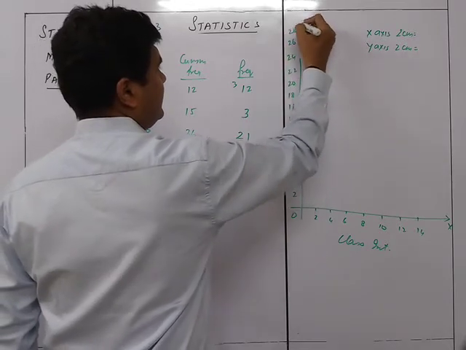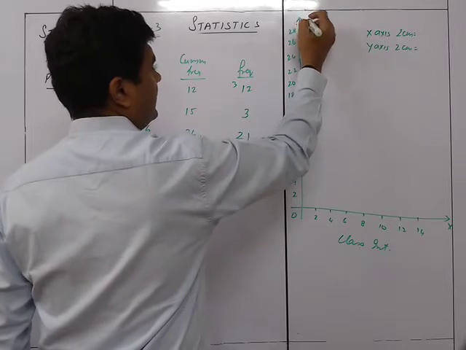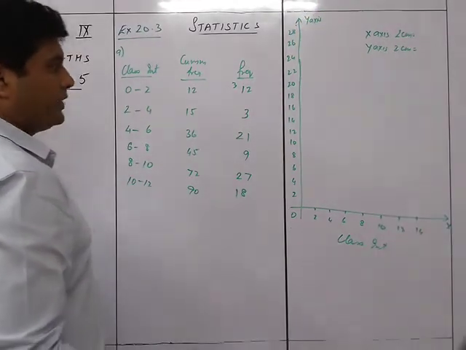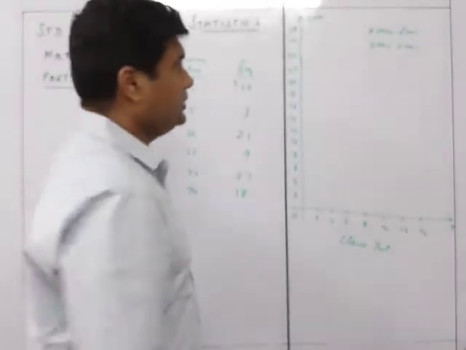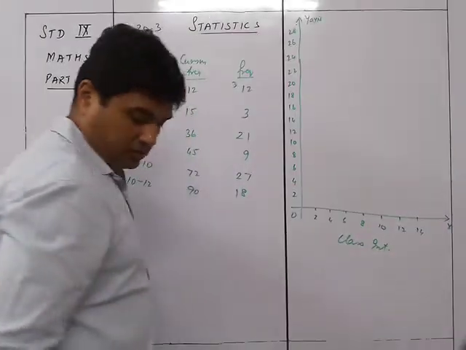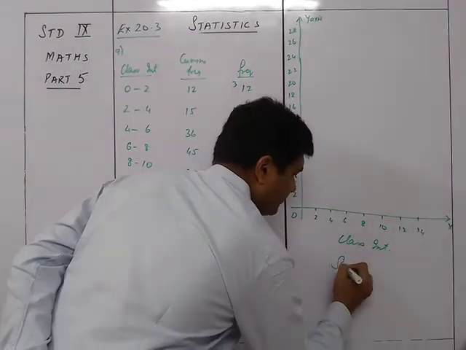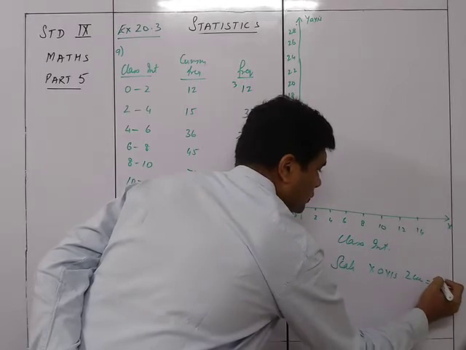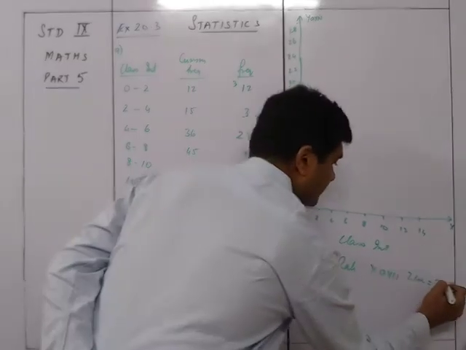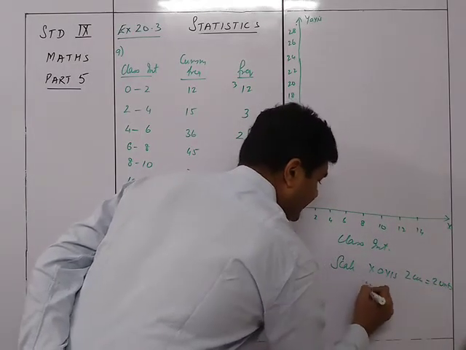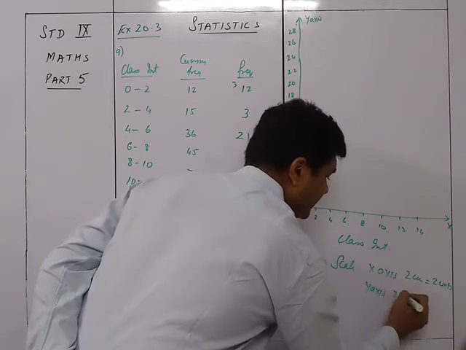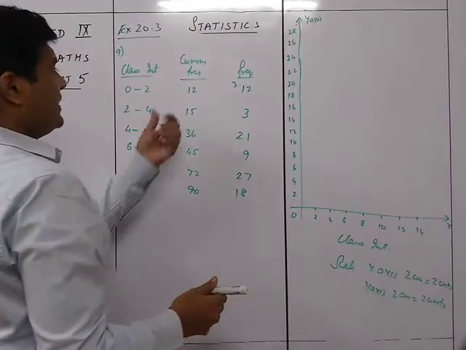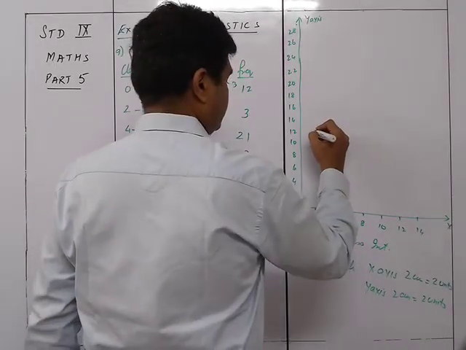I'm just increasing it so that it gives you a good, big graph. The scale I'll write later on, or you can write the scale over here. Scale: x-axis 2 centimeter equals 2 units, and y-axis again 2 centimeter equals 2 units. First one is 12, so 12 will be here.